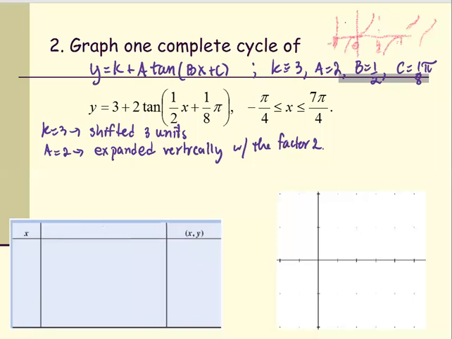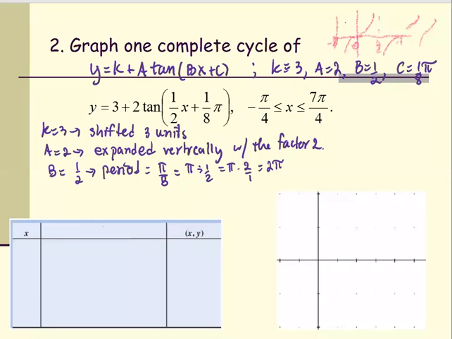And also the value b, the b equals 1 over 2. The b is used to compute the period. The period of the typical tangent is pi, but pi divided by b for the general case. b is 1/2, so I'm going to write pi divided by 1/2, or pi multiplied by 2 over 1, and turns out to be 2 pi.